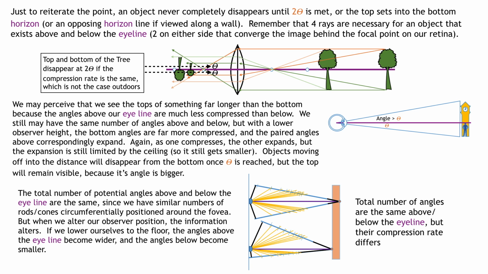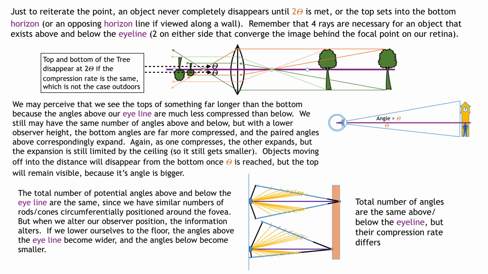So you can model this with just lines and a single point and 2 parallel lines, a ceiling and a floor, and you can move the observer height within those lines up and down, and you will see that as the lower lines compress, the paired angles above expand. And so the total number of potential angles above and below the eye line are the same, since we have similar numbers of rods and cones circumferentially positioned around the fovea. But when we alter our observer position, the information alters.